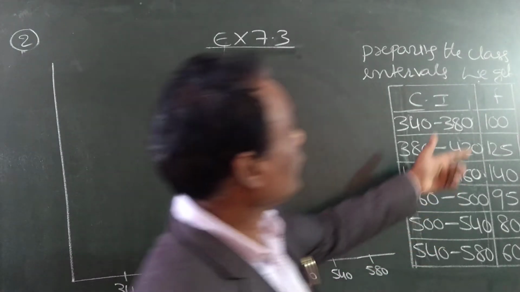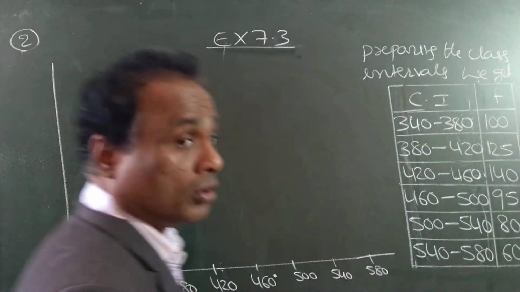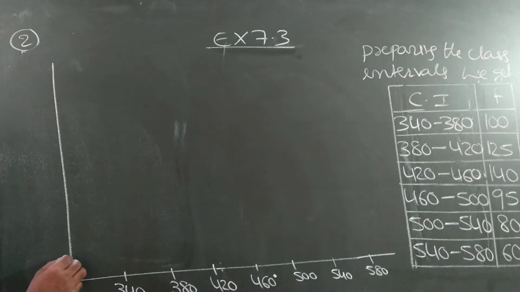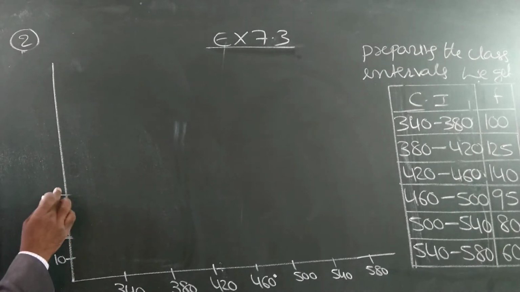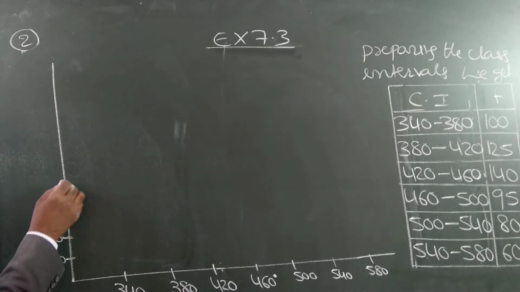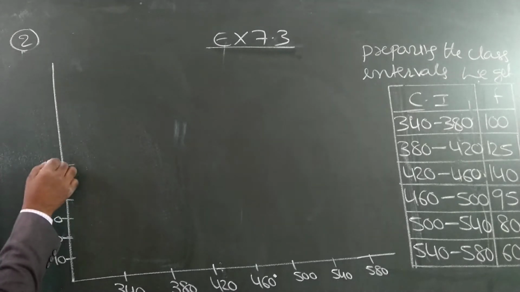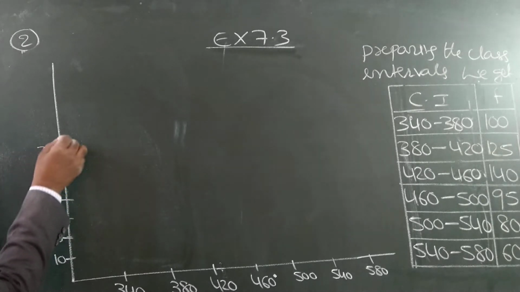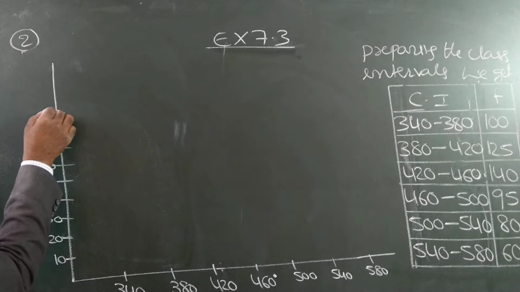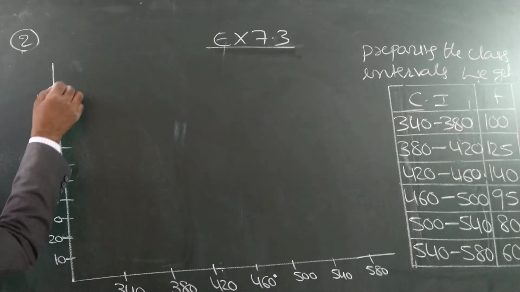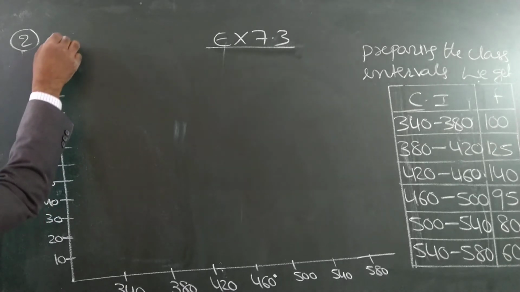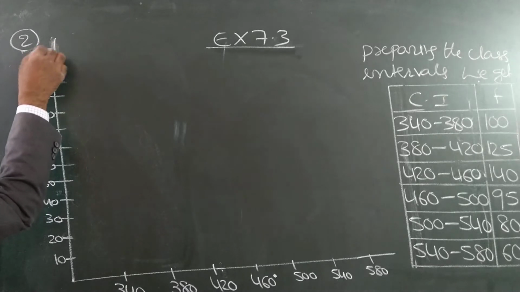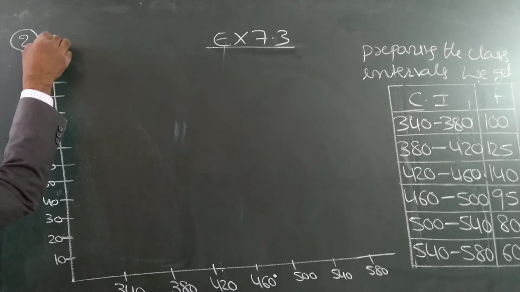Now, frequencies are up to 140. So, students, let us take 10, 20, 30, 40, 50, 60, 70, 80, 90, 100, 110, 120, 130, 140.